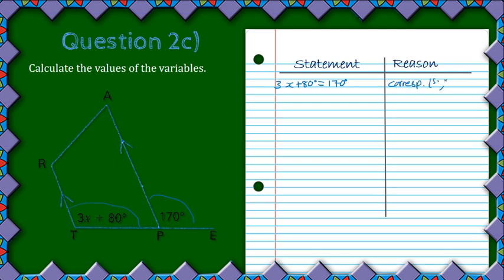And our lines are RT being parallel to AP. So solve for x, 3x is equal to 170 degrees minus 80 degrees. So 3x is equal to 90 degrees. And then we divide both sides by 3. We get x is equal to 30 degrees.